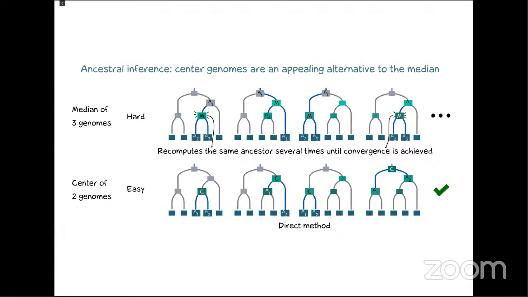But if you use centered genomes, then you can visit each ancestral node only once in a bottom-up fashion, and be done with it in at most n steps.